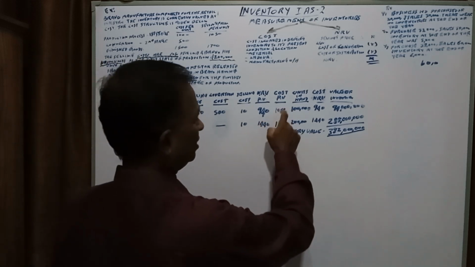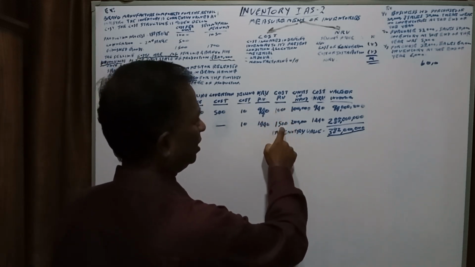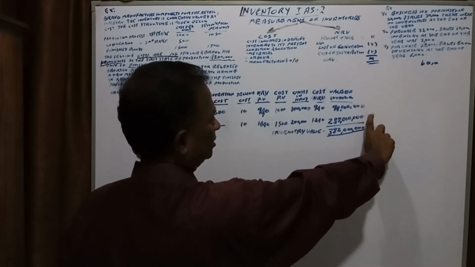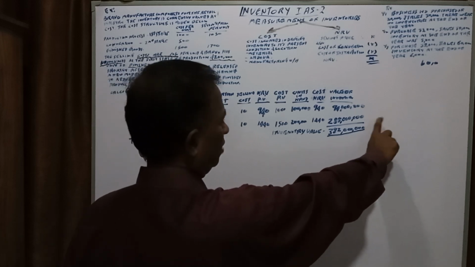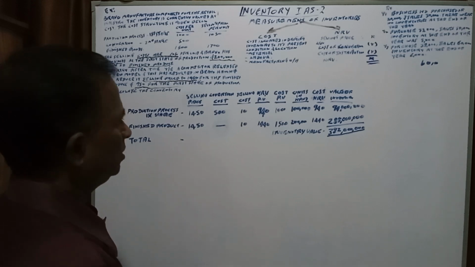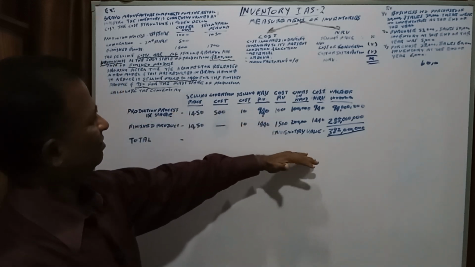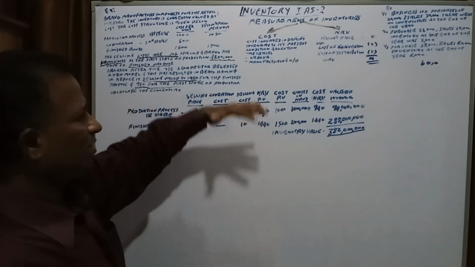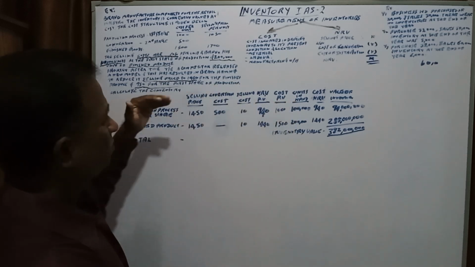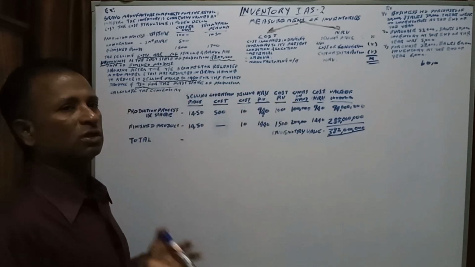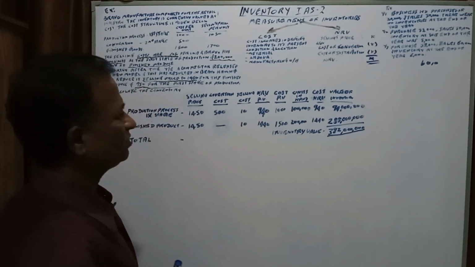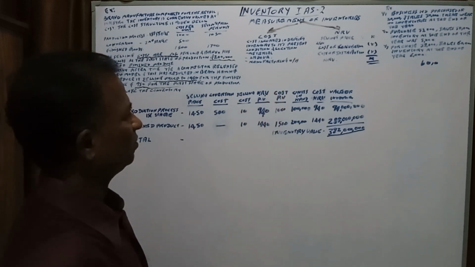If they have taken 1,000 and 1,500, here we would have got 100 million and here 300 million, then here we would have 400 million, right? So the difference. If they have asked at year end, they have made the adjustment for cost. Now they wanted us to revise it, in the sense the difference only we have to take.